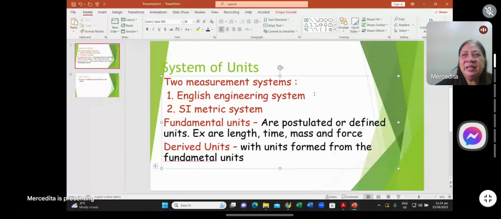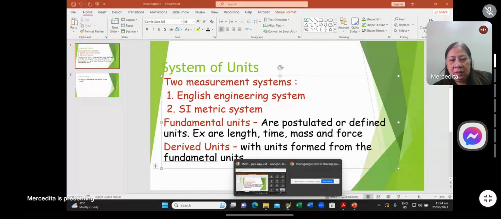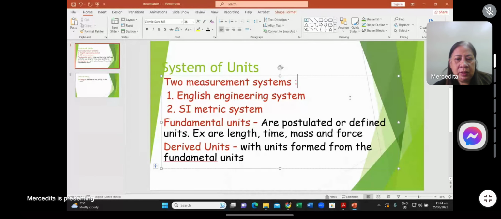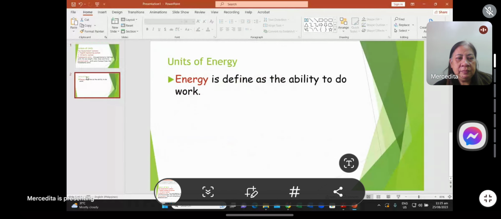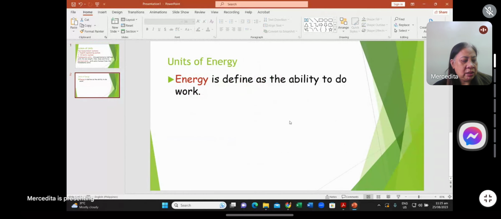Okay? Aside from volume, so we have here the unit of force. Okay, let me, kasi hindi lang siya natuloy dito. Yan. Punta natin yung second slide ko na ginagawa. We have the energy.